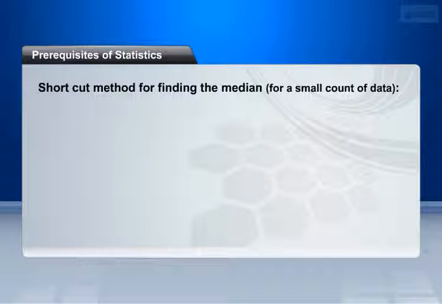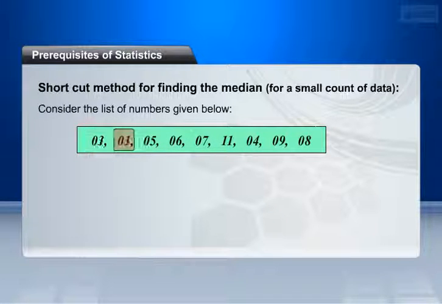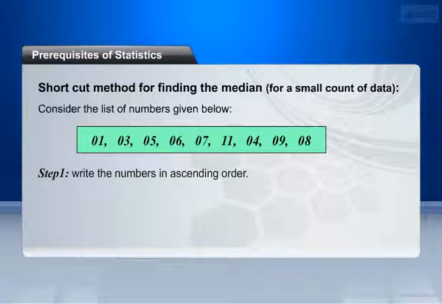Now let's look at the shortcut method for finding the median for a given list of numbers. Note that this method is best when the list of numbers is small. Consider the list of numbers 1, 3, 5, 6, 7, 11, 4, 9, 8. Step 1.